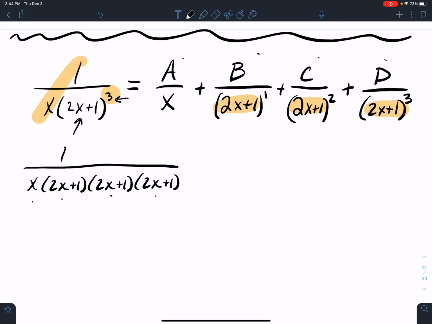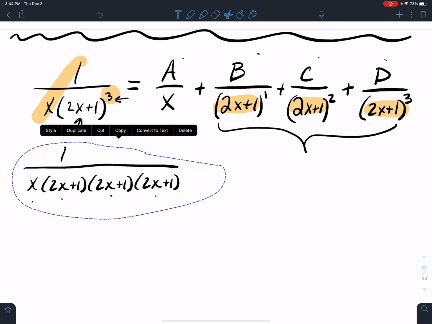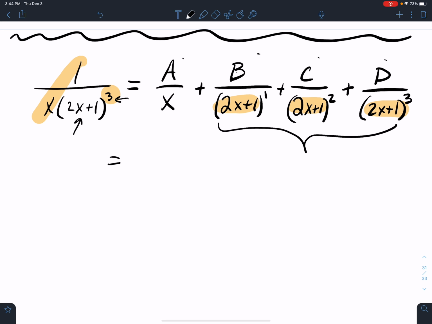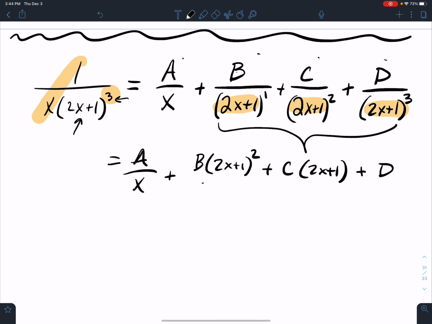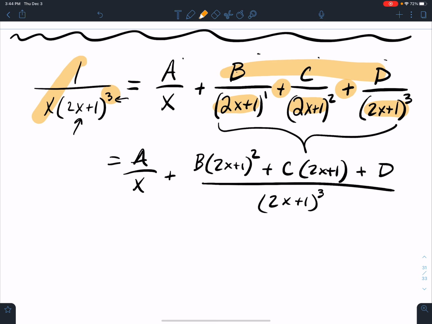If you combined like terms here, like on this part right here, you would see that this would simplify, and you would get an A over x plus, well, this would be like B times 2x plus 1 squared plus C times 2x plus 1 plus D all over 2x plus 1 cubed, if you get a common denominator before you add these 3 pieces together.